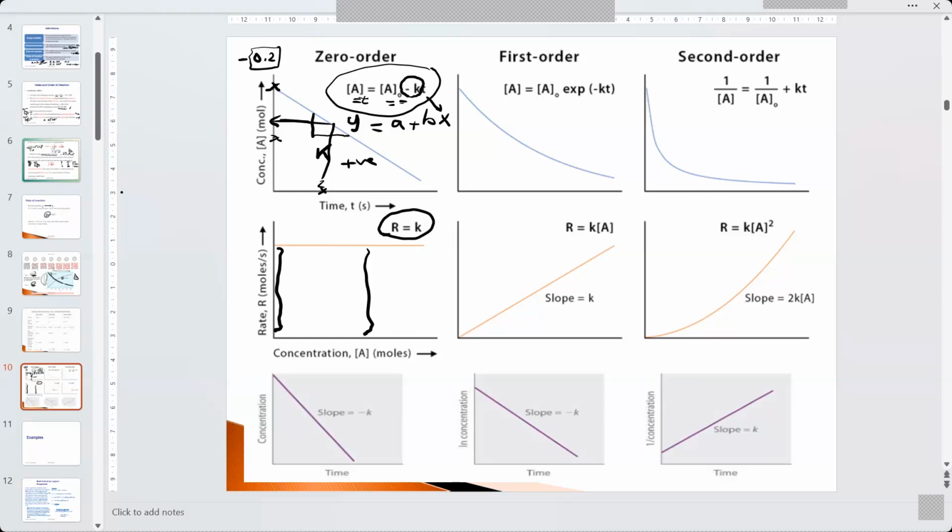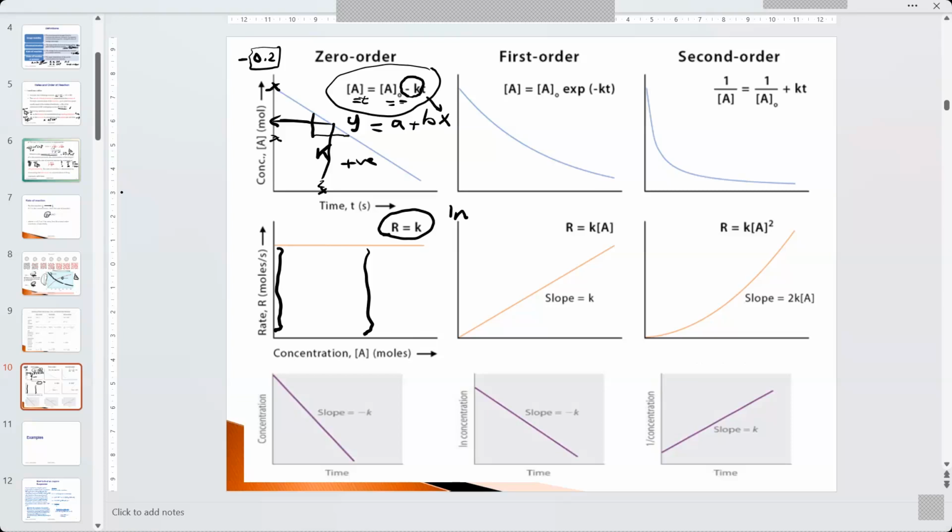Okay. But if you plot and then you find it is curved, then it might be a first or second order reaction. The second trial is, if you plot first and get a straight line, it is zero order.